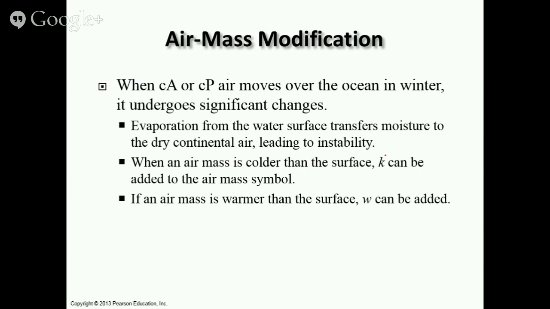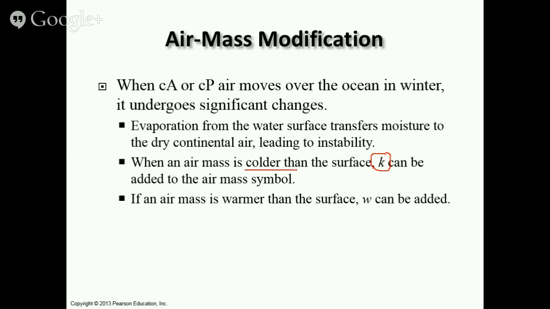We're going to use special things like sub letters within the order, and that's going to be a 3rd level indicator like a K and a W. This is not quite as intuitive, but it's typically well absorbed when you apply the thought. When an air mass is cooler than the surface, we're going to say K is added to the symbol.